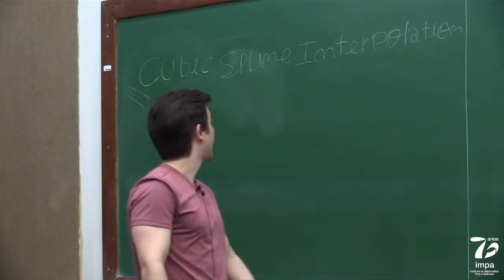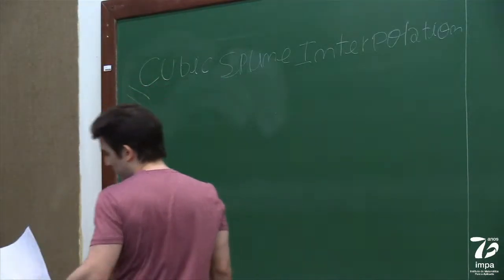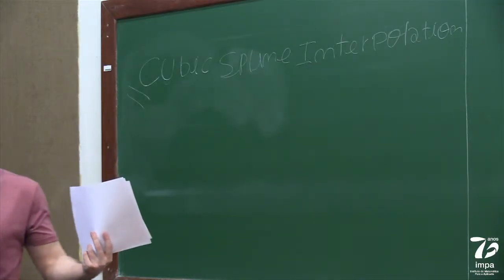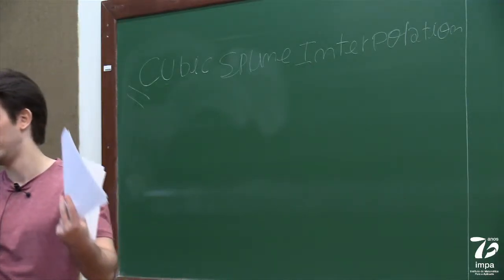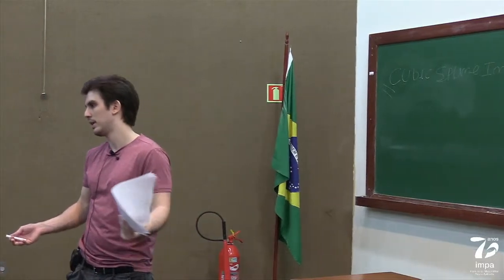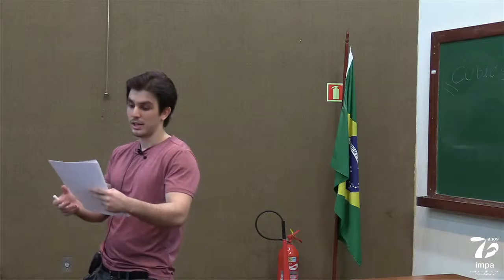So let's define the set of cubic splines, and then we proceed to show that this set is finite dimensional. So we can find a traditional algebraic basis, a Hamel basis, if you know what it means.